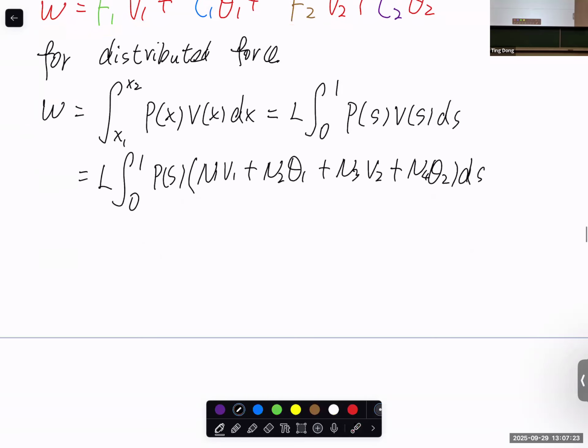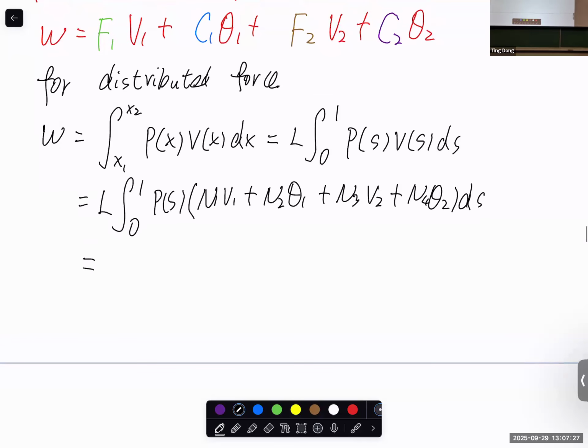So what we can do is that we have 4 components. Let's use the same color. It becomes the integral of L, P S, N1 ds times V1. Now this becomes the first component.